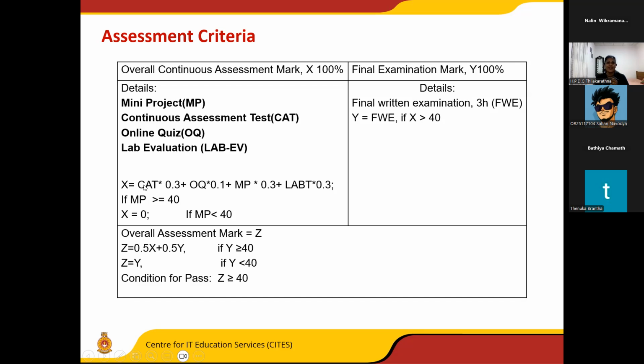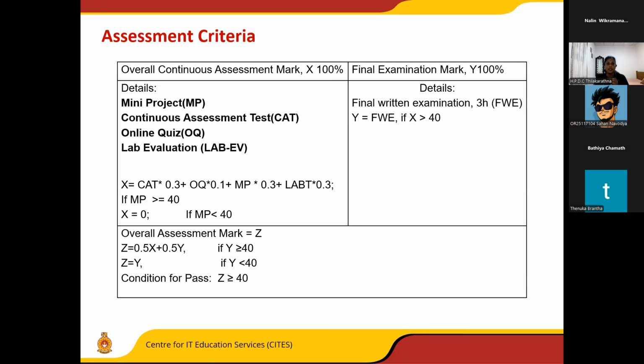right? So I want you to note here that if you score more than 40, then this OCAM will be considered. Otherwise, you are not eligible for the final exam, right? You have to keep in mind this thing.